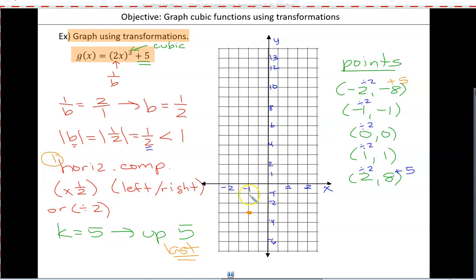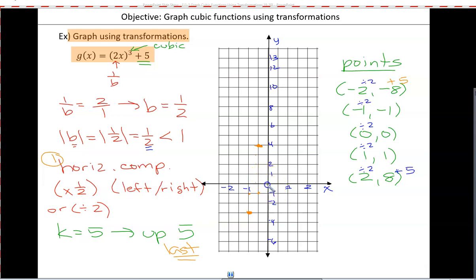-1, -1, which starts right here, compresses by a factor of half horizontally, so it moves right here to that half mark, and then it moves up 5 units. 1, 2, 3, 4, 5, and it ends up here at -1/2, 4. 0, 0.